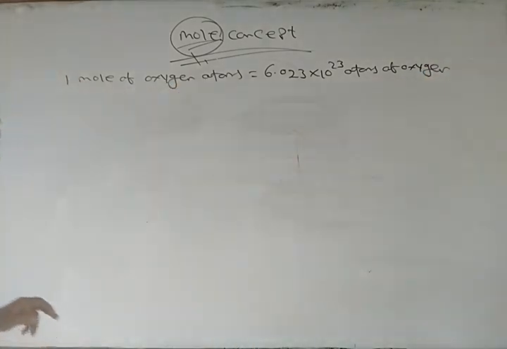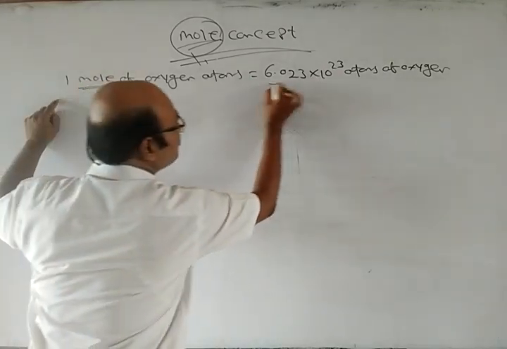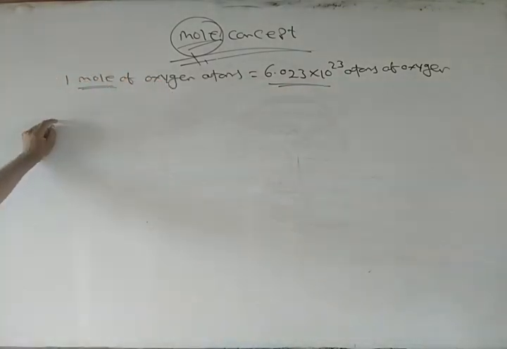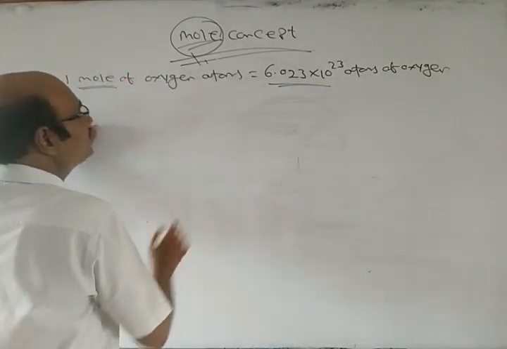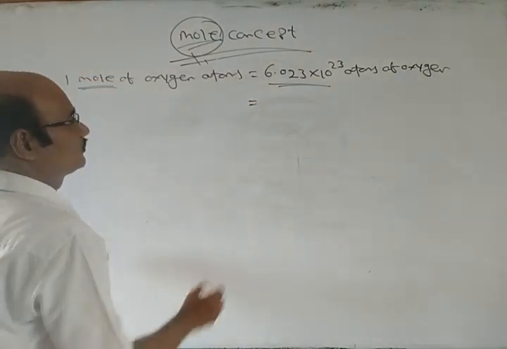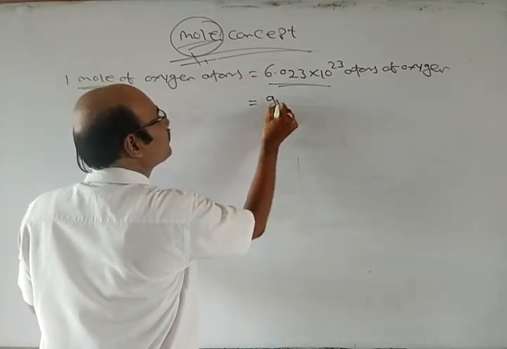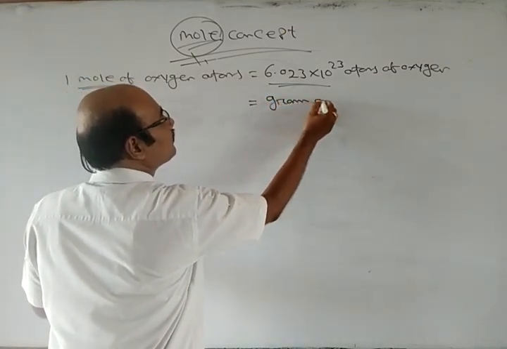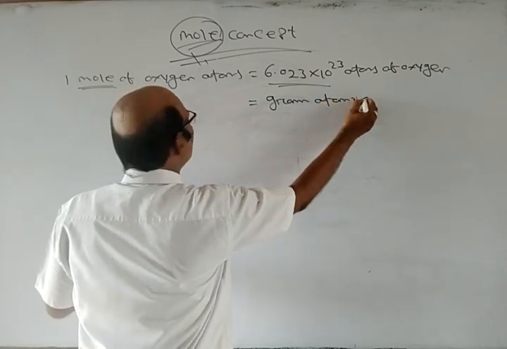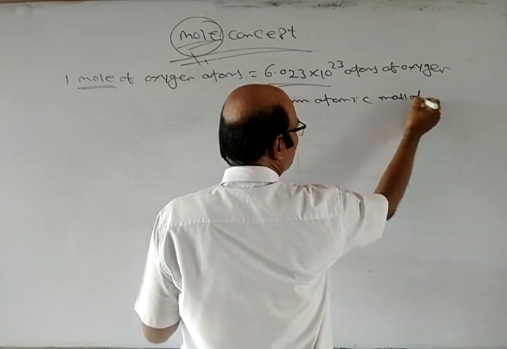So 1 mole is this much of atoms of oxygen. Now this also I can write is equal to what? Gram atomic mass of oxygen.